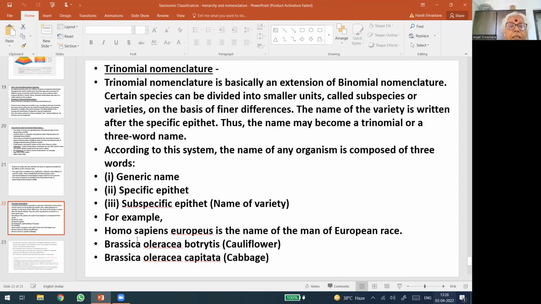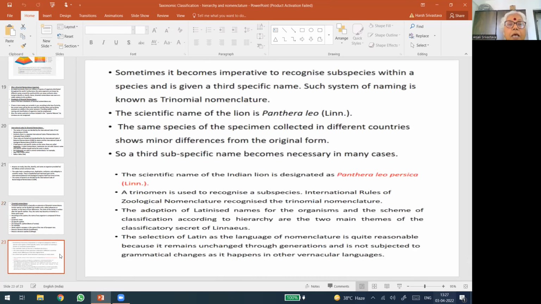For example, Homo sapiens europaeus is a category of a particular type of human, that is, the man of European race. Then cauliflower of a particular type is mentioned as Brassica oleracea botrytis, and cabbage as Brassica oleracea capitata. So this is the trinomial nomenclature, which is yet in its initial condition, but the studies are going on and on. These are certain particular characteristics of trinomial nomenclature.